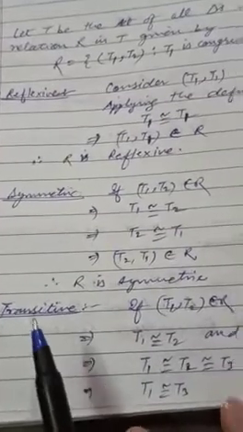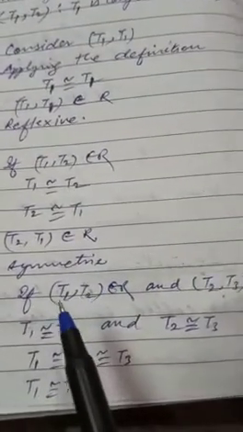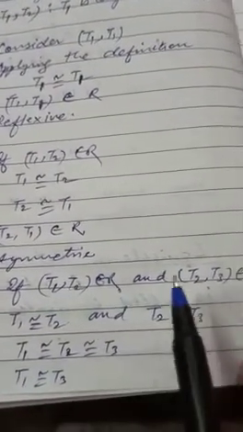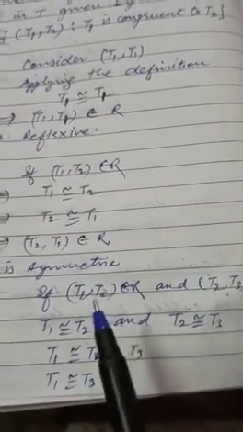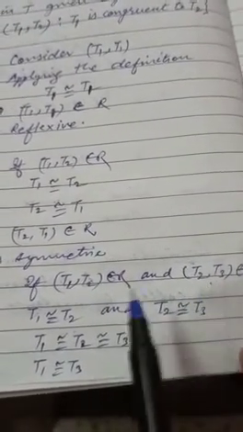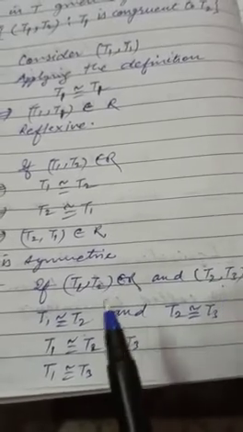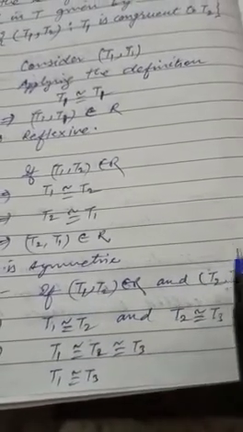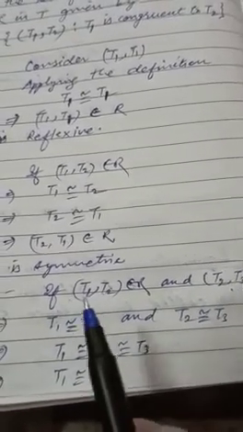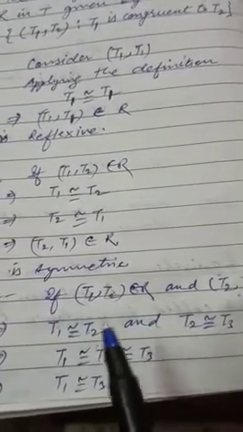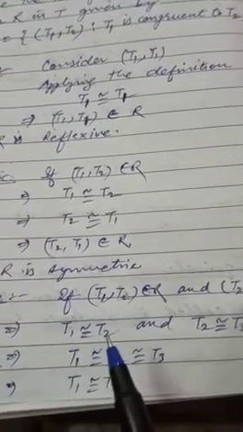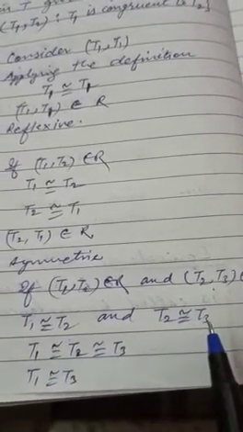Now in case of transitive, if T1, T2 belongs to R and T2, T3 belongs to R, these two pairs should belong to R very first. Now we will prove that T1 also has the same relation with T3. So if T1, T2 belongs to R, it means T1 is congruent to T2, and T2, T3 belongs to R, it means T2 is congruent to T3.